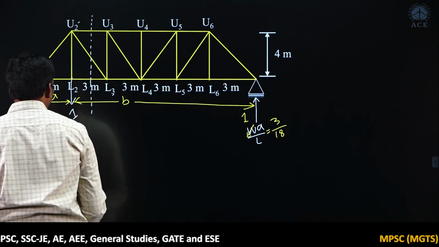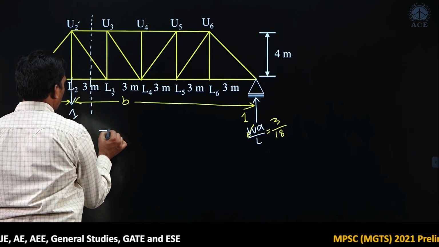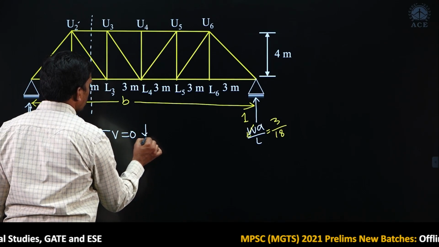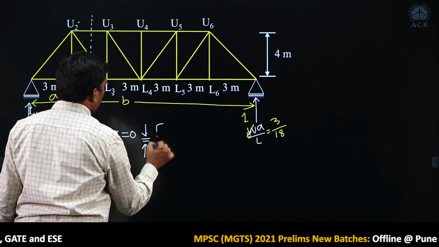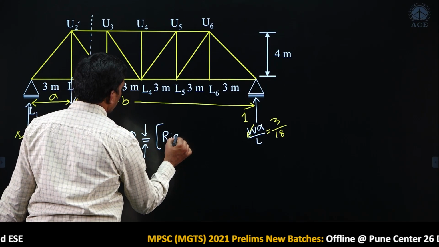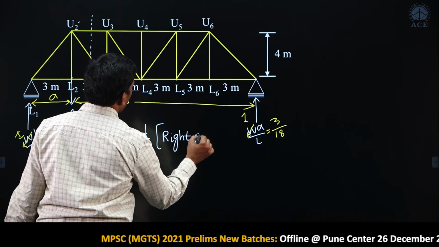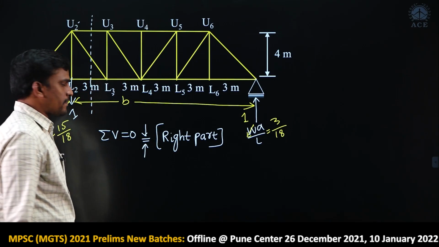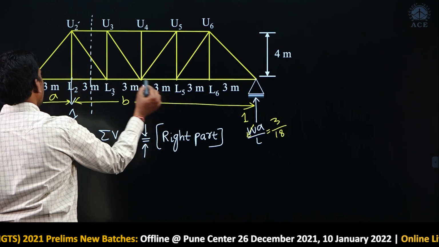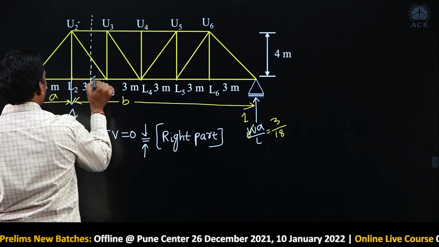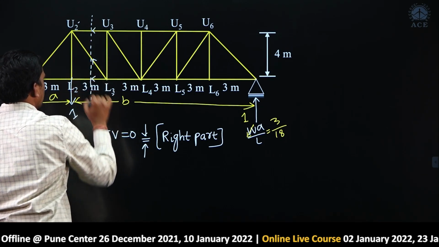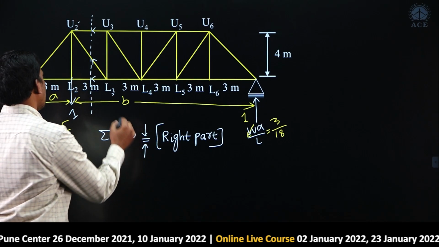For the right part of the structure, use sigma V equals 0, that is downward forces equal upward forces. Initially assume tensile forces only for the right cut members.